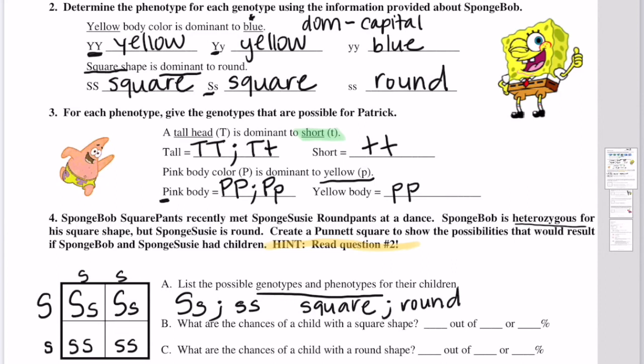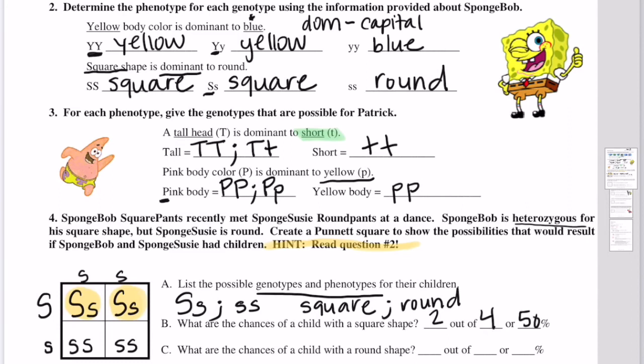So now it says, what are the chances of a child with a square shape? Well, a square shape would be any of the boxes that have a capital letter because it's dominant. So that would be this box and this box. So that means that we would write 2 out of 4 boxes, or 50%.